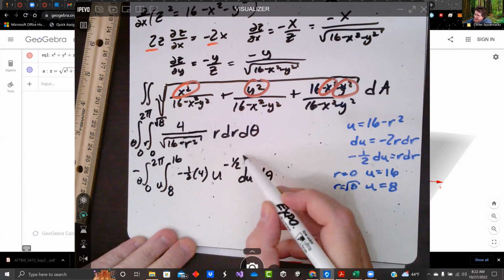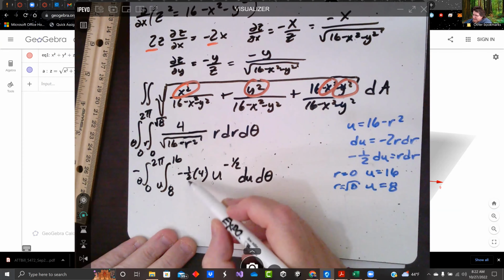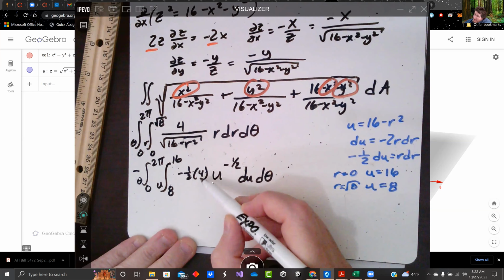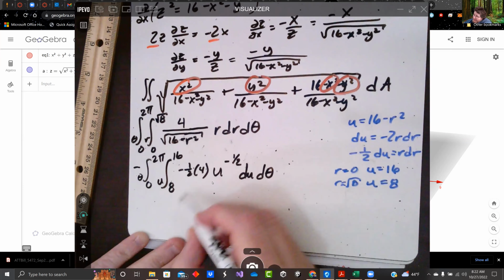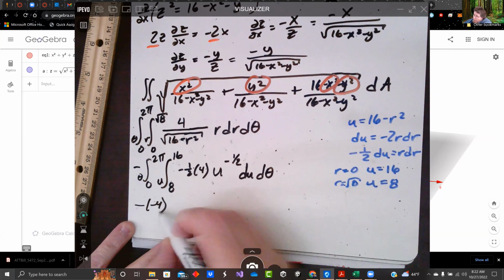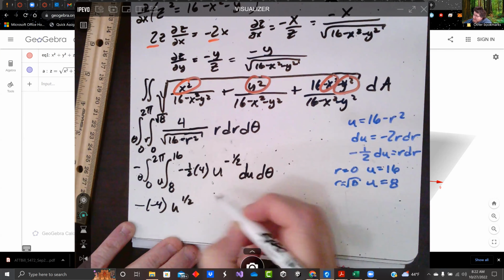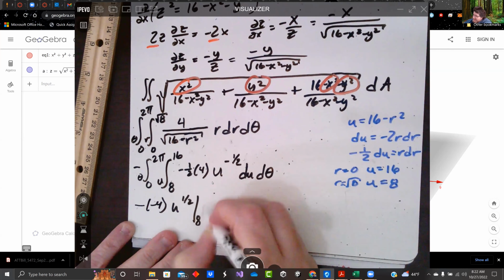So up a power would be 1/2. I'm dividing by the 1/2, so the 1/2 will cancel. If I just leave it alone, I'm going to have the negative out front, and then I'm going to have -4 there. The 1/2s cancel, and then I have u to the 1/2 evaluated from 8 to 16.